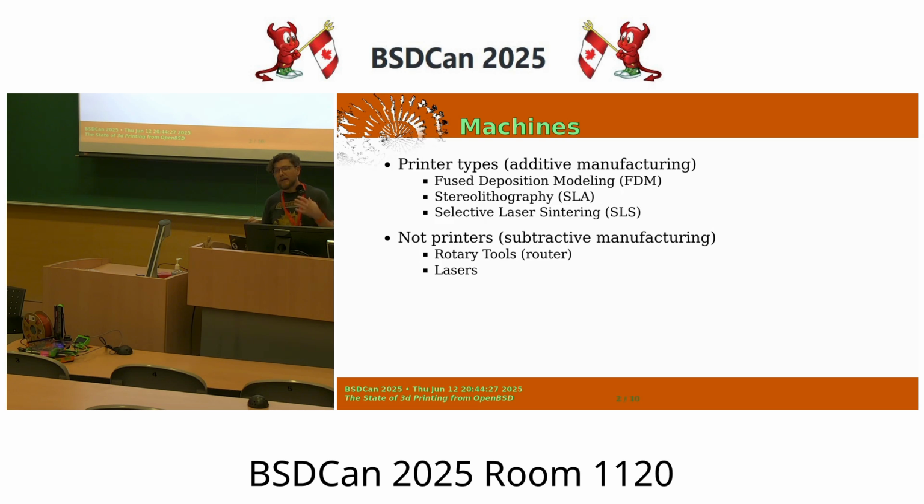And I mention those because a lot of the same design tools that you use for 3D printing can be used in the same way for either laser or CNC as well.